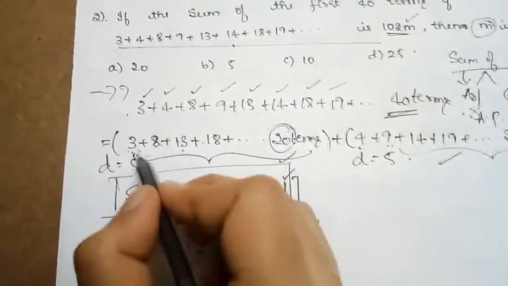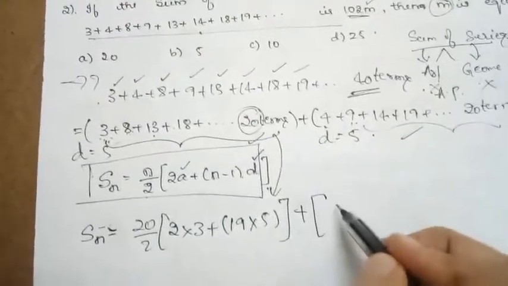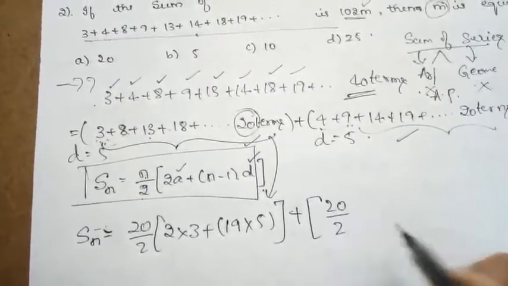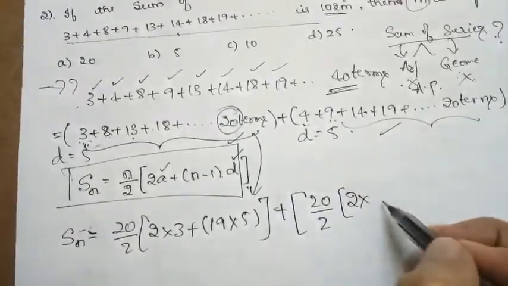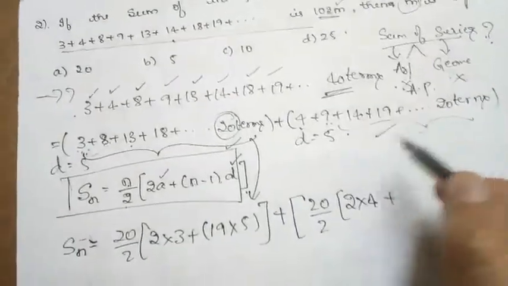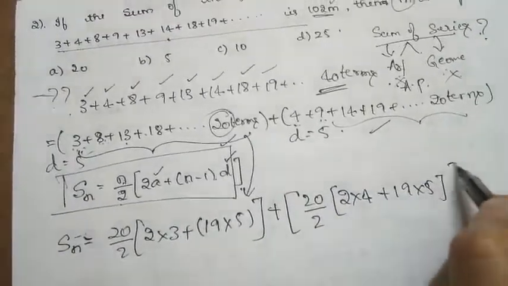This is for the first 20 terms, plus the next 20 terms: again 20 by 2, because we have 20 terms, 2 into a, where a is 4 here, plus (n minus 1), 20 minus 1, it is 19 into 5.